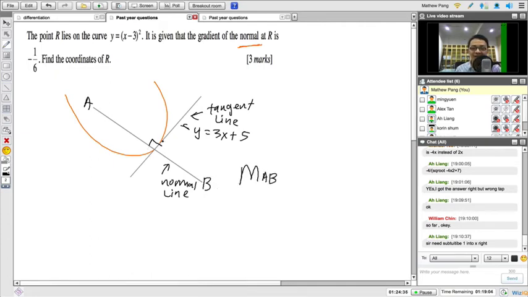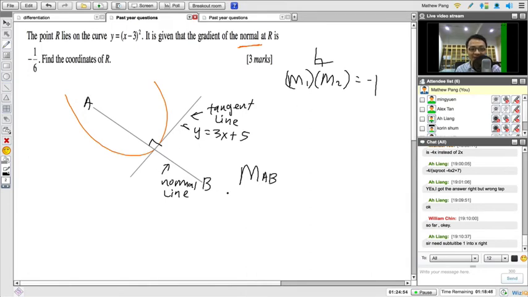I want to find the gradient of AB. Because of 90 degrees, in the coordinate geometry chapter, we learned about perpendicular. When they are 90 degrees, we have a formula m1 multiplied by m2 equals -1. Alright, this formula is for perpendicular. Whenever there is 90 degrees, we use this formula.